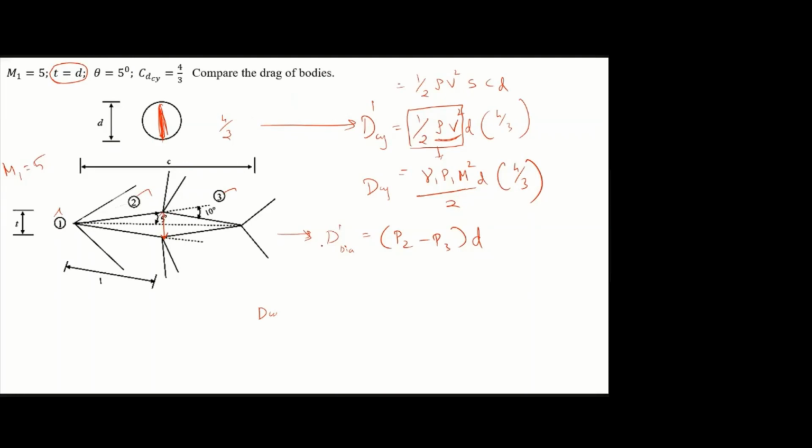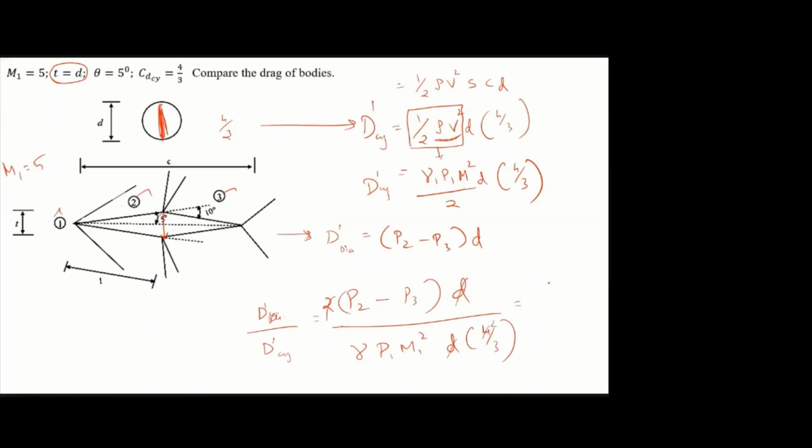So we can find the ratio of these two drags so that you can easily compare. I'm taking D diamond divided by D cylinder. So I'm getting (P2 minus P3) into D divided by these two. The remaining will be gamma P1 M1 square D times 4 by 3. D and D get cancelled, and 4 by 3 also gets cancelled.